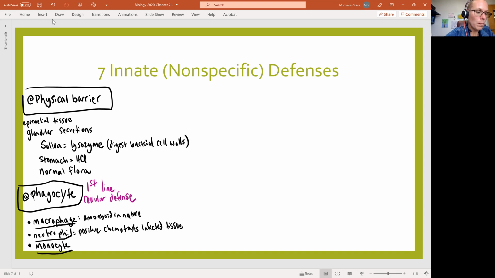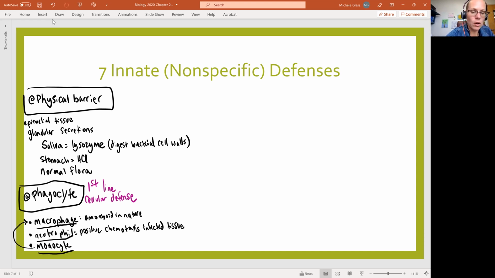And then your monocyte is going to differentiate into the macrophage or the dendritic cell. We've mentioned dendritic cells before as being important defense cells.